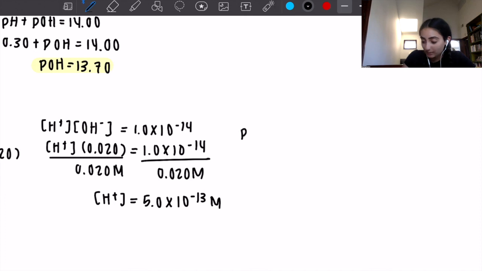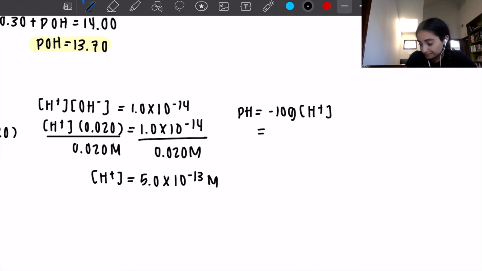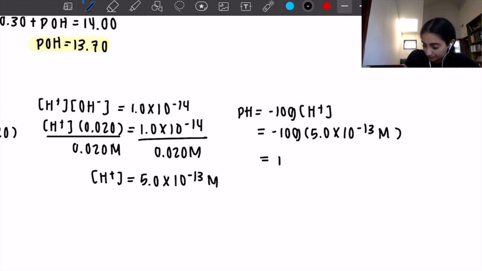Now we're not done yet. We want to calculate pH. And to do that, I'm going to do the negative log of the concentration of hydrogen, which is the negative log of 5.0 times 10 to the negative 13th molarity, which is 12.30.